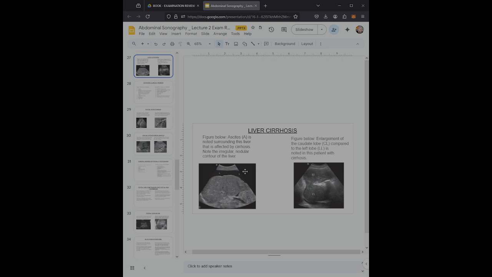So patients may have normal laboratory findings until liver cirrhosis extends into end-stage liver disease. But whenever laboratory abnormalities are evident, that would include elevations in AST, LDH, ALT, and bilirubin.